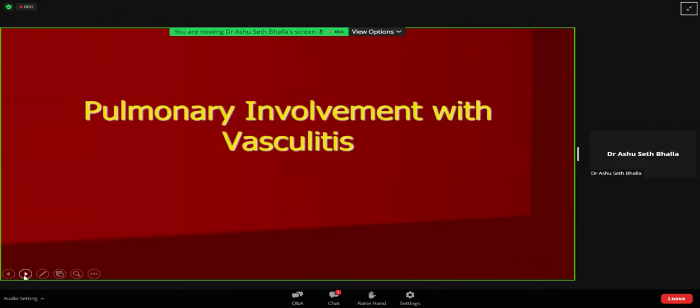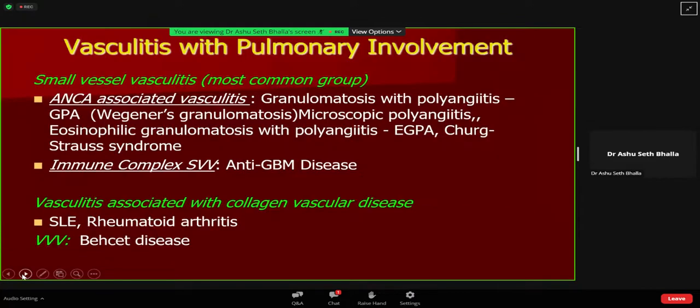So today I will focus on the lung involvement part of this vasculitis. If we look at the lung involvement, I already mentioned that the small vessel vasculitis is the most common group. We have 2, ANCA and immune complex SVV. Immune complex SVV is anti-GBM disease, or earlier known as Goodpasture syndrome. Basically, this has one entity which is of interest to us, which is Goodpasture syndrome.